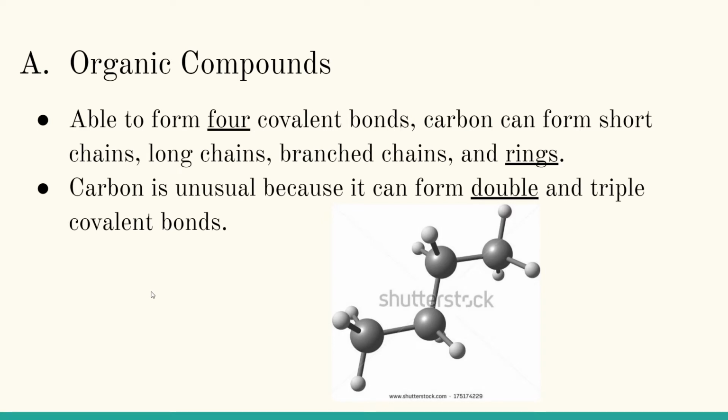Now, carbon's really cool because it can form 4 covalent bonds. What that allows it to do is make short chains, long chains, branched chains, rings, or any other shape you can think of. Some crazy looking pyramid. Let's see if I can find one real quick.